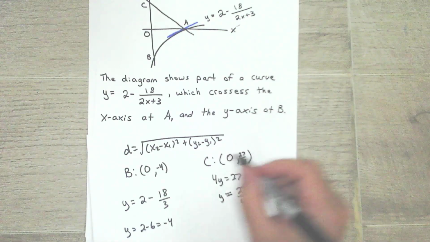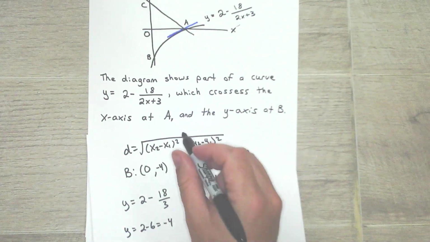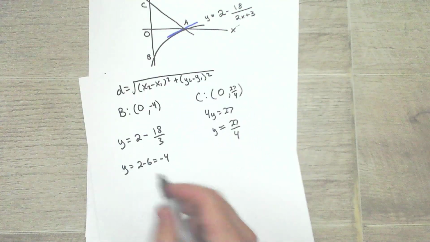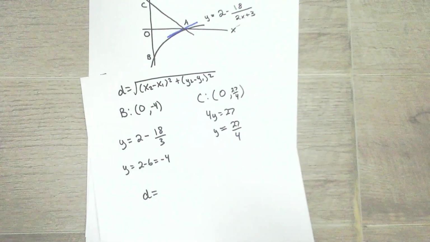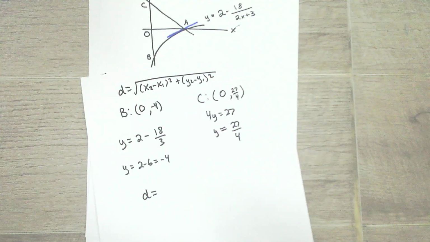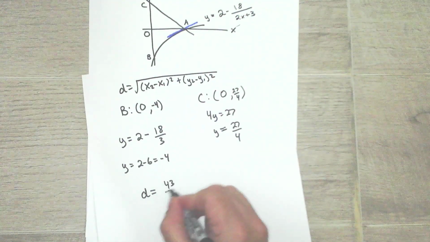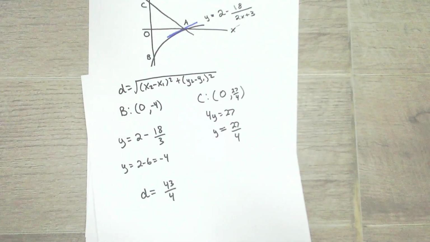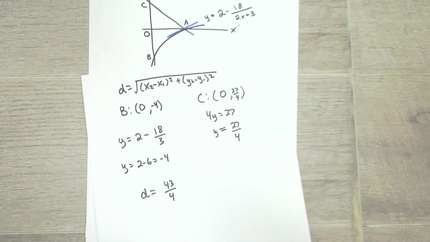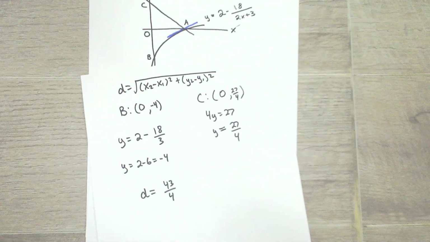So now we have point B and point C. You just plug them into the formula. Be very careful with your math, with the fractions, and you'll come out with an answer of 43 over 4, if you keep it as fractions, which you should. If you end up doing decimals, remember to round to 3 decimal places, and just make sure it's equivalent to that.